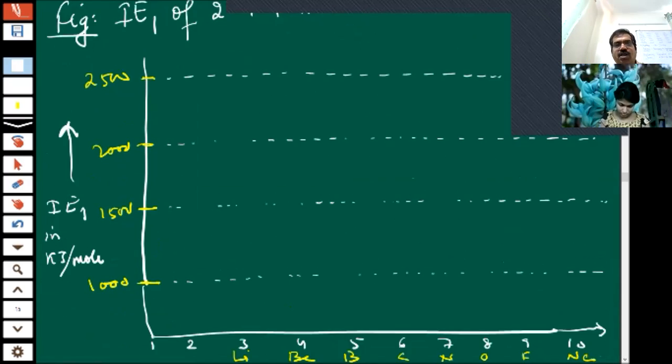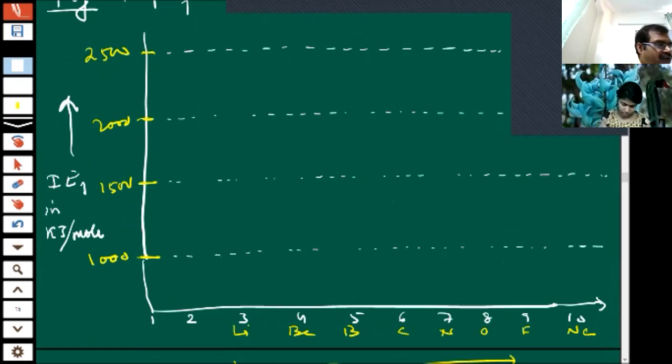Okay, so I am writing the values. For lithium, children, please maintain silence. For lithium the value is 520. And for boron it is 800 kilojoule per mole, somewhat here.